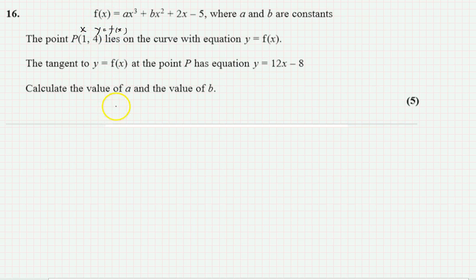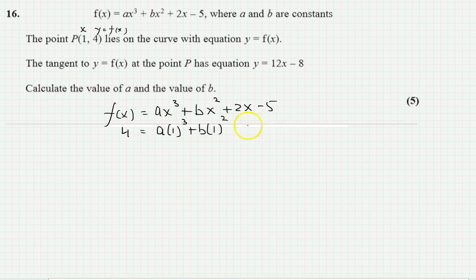So instead of our equation is fx is equal to ax cube plus bx square plus 2x minus 5. So let's put x is equal to 1 and y is equal to 4. So 4 is equal to a 1 cube plus b 1 square plus 2 multiplied by 1 minus 5.